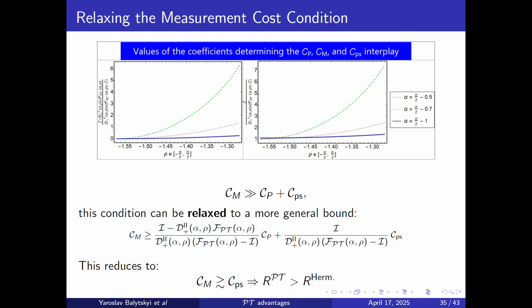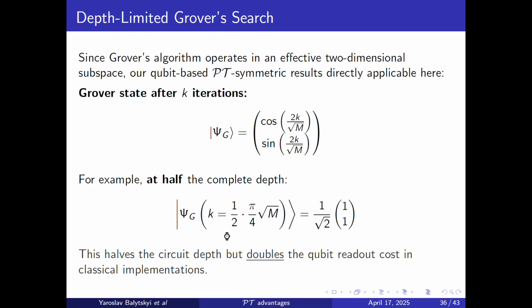And as we discuss in our paper, in practical schemes this post-selection cost can actually be really small, and thus this shows that PT-symmetric sensors outperform their Hermitian counterparts in a wider range than was thought before. So this is reduced to this.